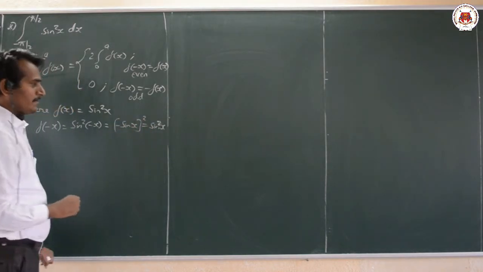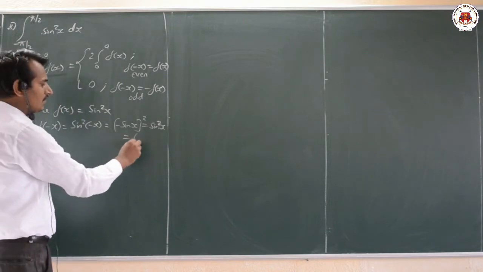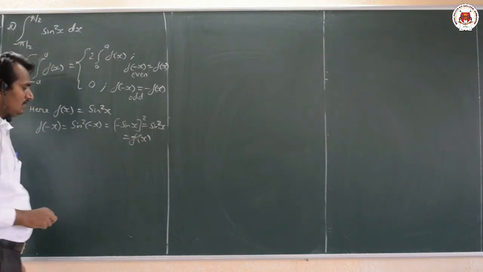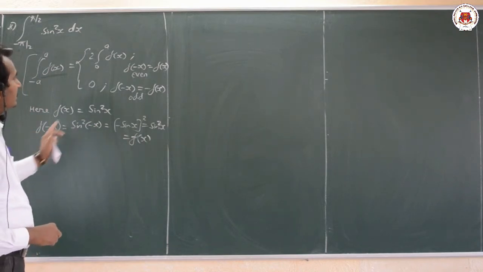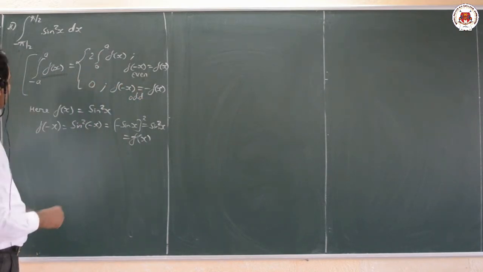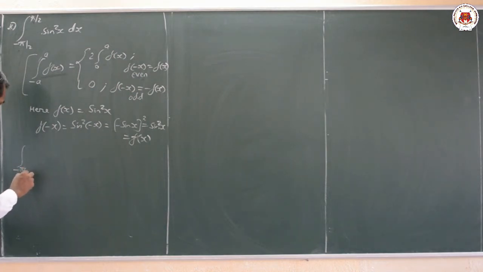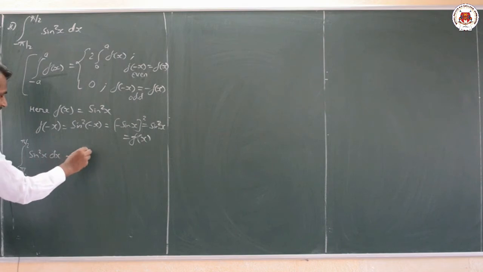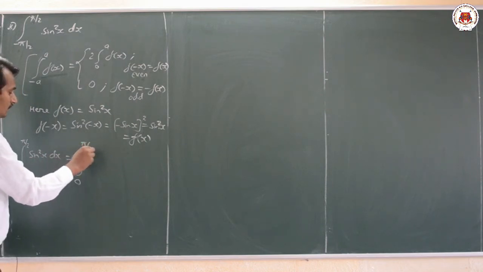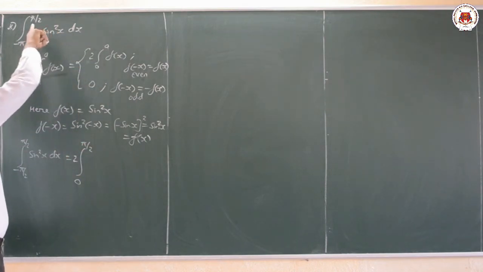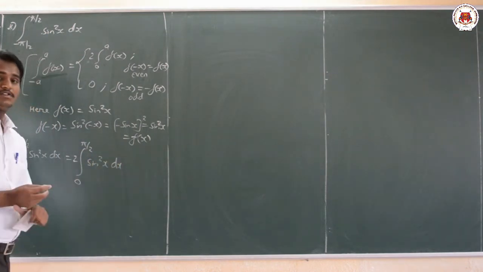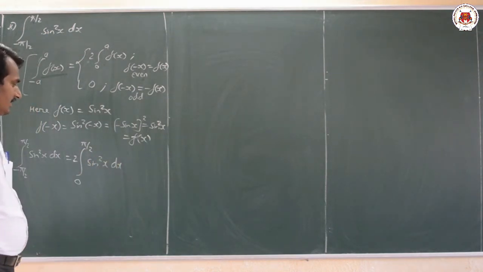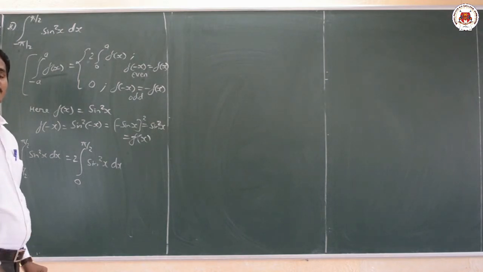So f of minus x equals f of x, which means it is an even function. Therefore the integral from minus pi by 2 to pi by 2 of sin square x dx equals 2 into the integral from 0 to pi by 2 of sin square x dx. Now you can easily integrate it and find the value.